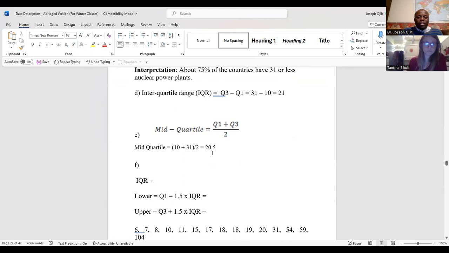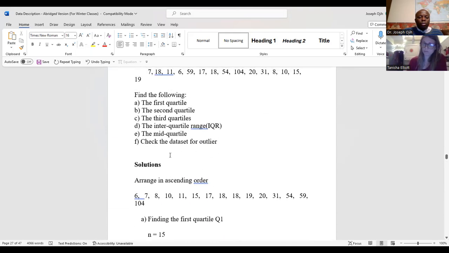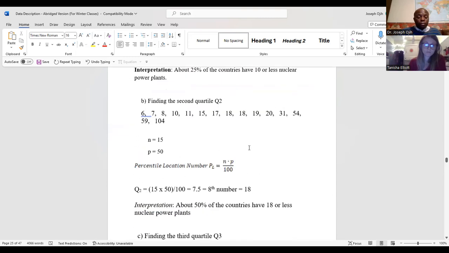The last question on that section says to check the data set for outliers, to find out if there's an outlier in the data set. There are 2 things you need to do: find the lower bound and find the upper bound. Any number that falls outside these 2 bounds becomes an outlier.